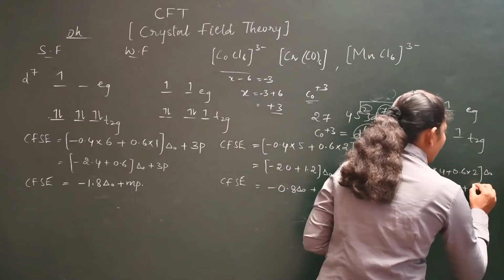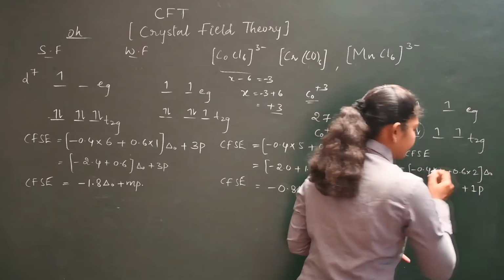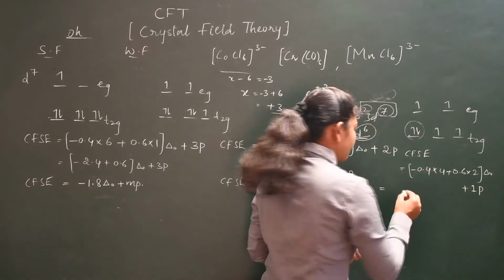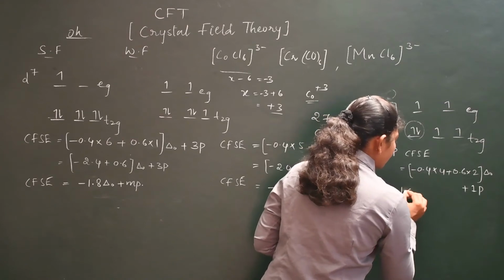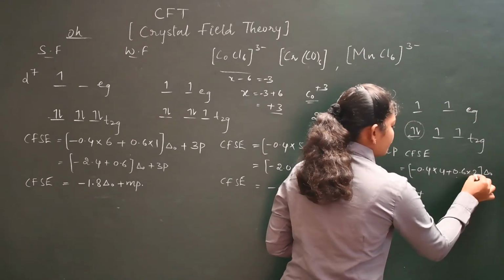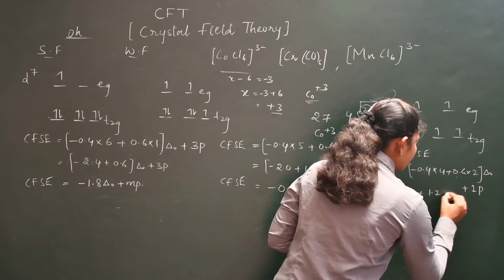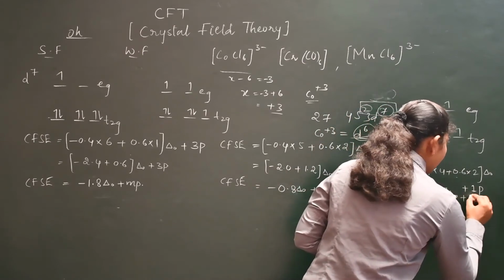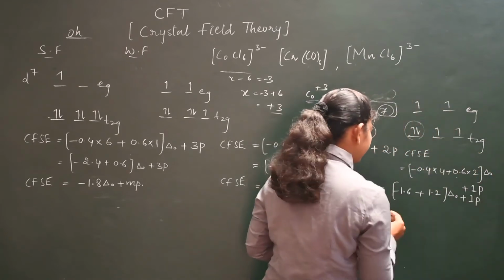Only 1. So 1P. Right? Now calculate. 4 fours are 16, so minus 1.6 plus 6 twos are 12, 1.2, delta naught plus 1P.